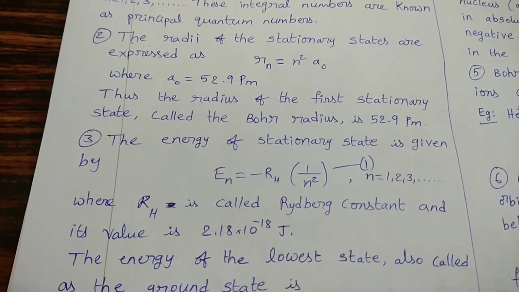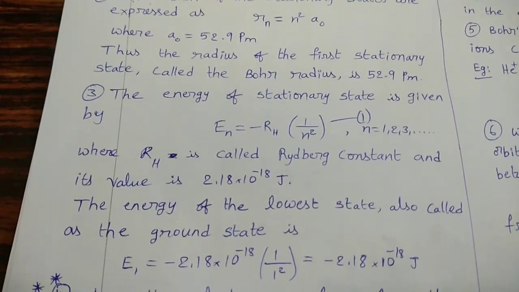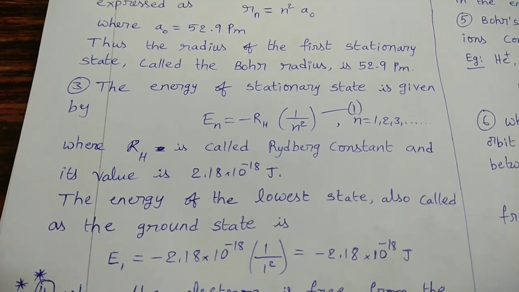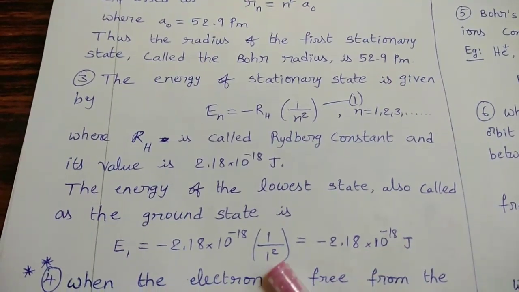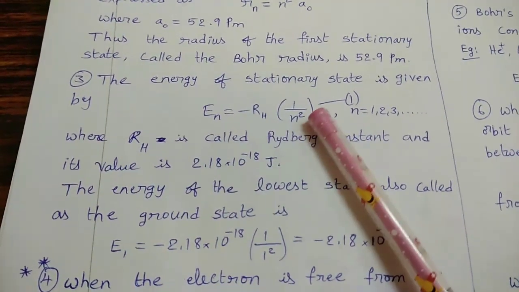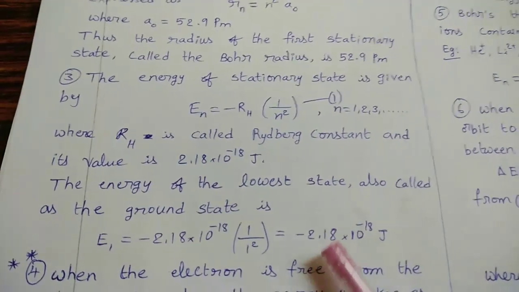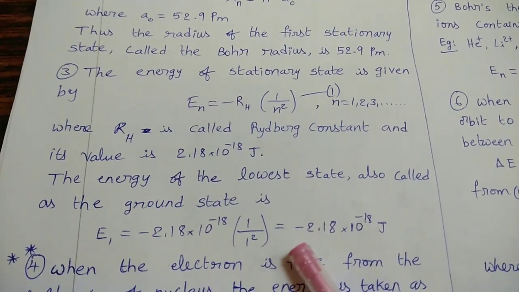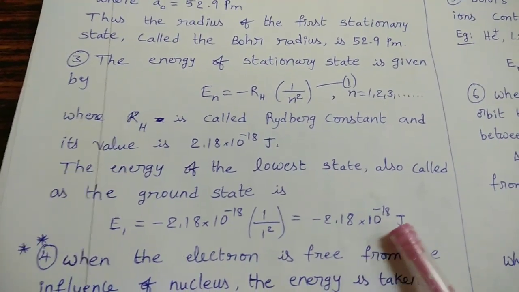The energy of the lowest state, also called the ground state, is E1 equal to minus 2.18 into 10 power minus 18 into 1 by 1 square. Ground state means n value equal to 1. Substitute that, we get this. So, the energy of the ground state in the hydrogen atom is minus 2.18 into 10 power minus 18 joules.